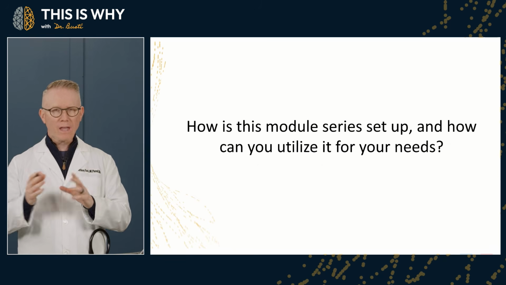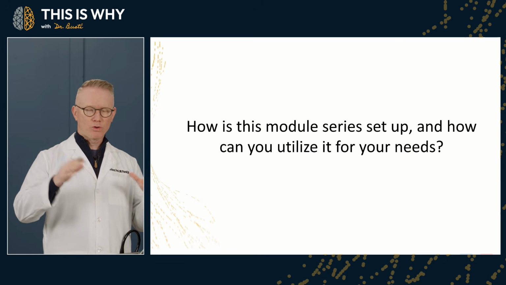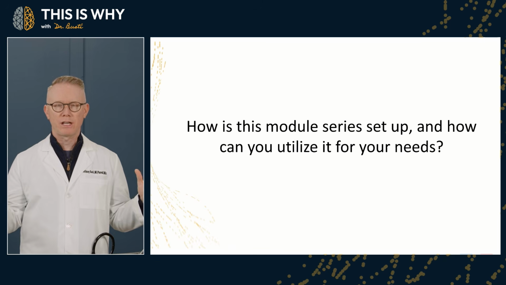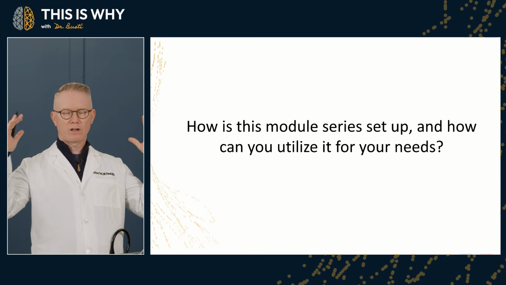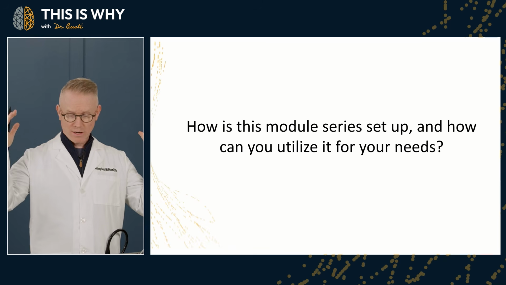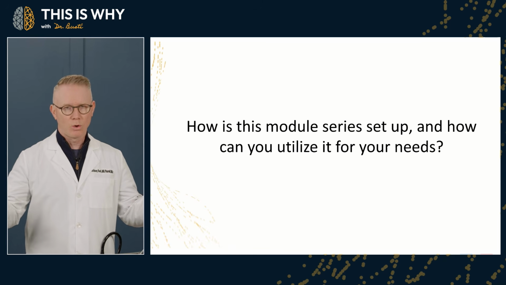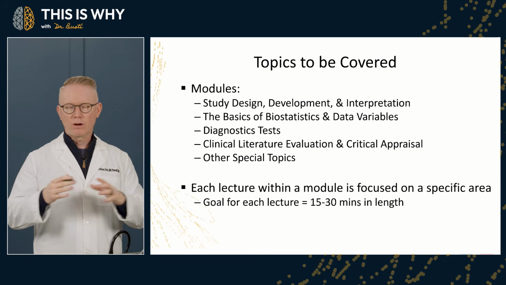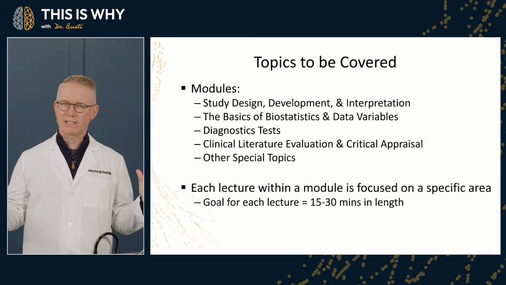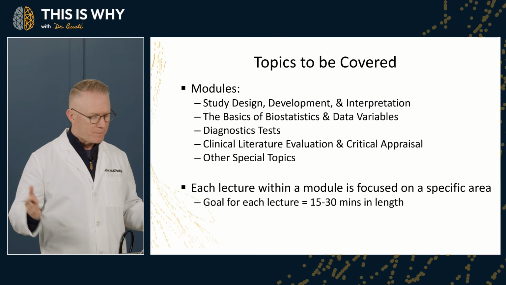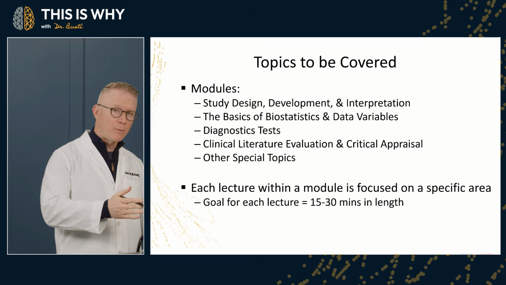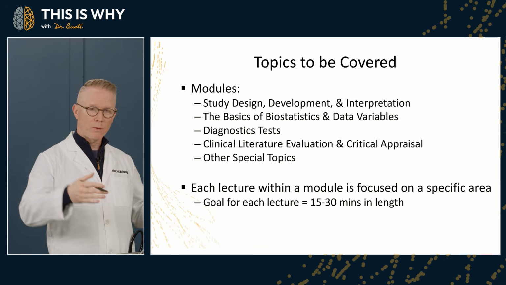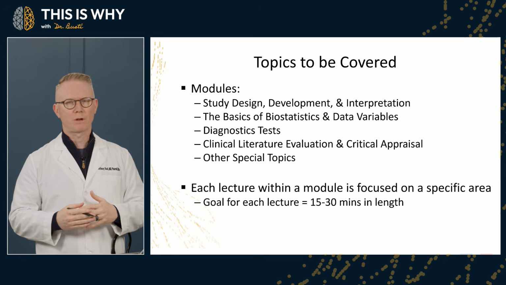Now, how is this module series, or this playlist series, part of this overall collection on clinical research development and interpretation organized? Well, it's organized in several major modules or playlist series. So we have study design, development, and interpretation. We're going to dive deeper into those individual components.